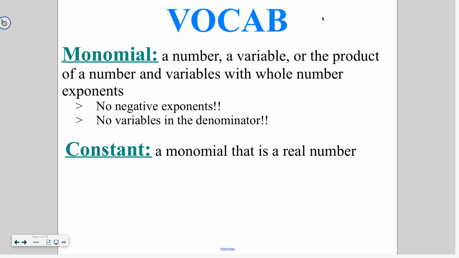Few things that are not allowed: no negative exponents, no variables in the denominator of an expression, and one more that I should add in: no adding or subtracting. So there's no addition or subtraction allowed in a monomial. It is just a single thing. A constant is a specific name we give a monomial if it is just a number. So in the number case, we would call it just a constant.